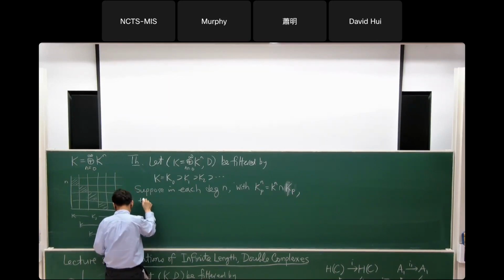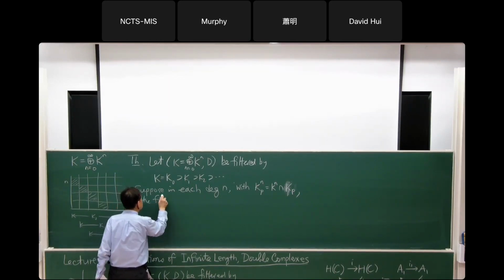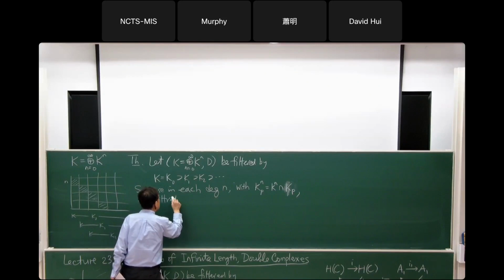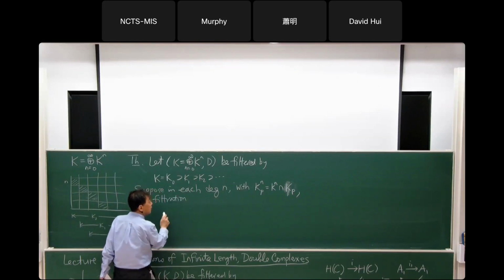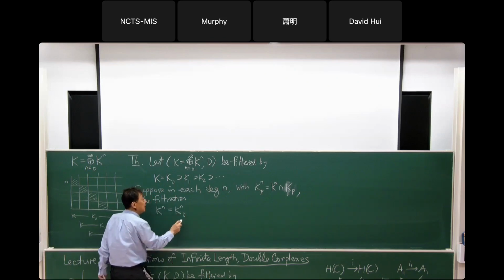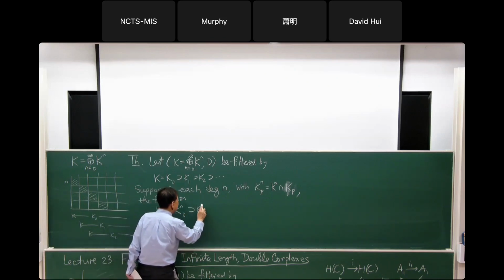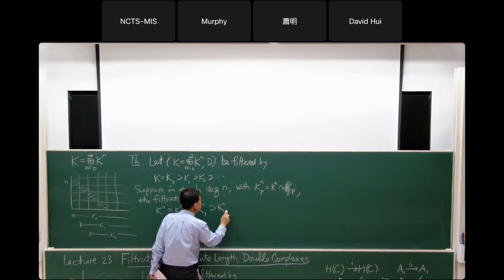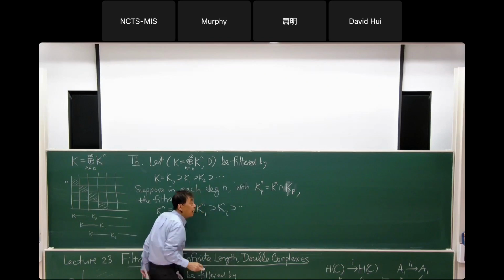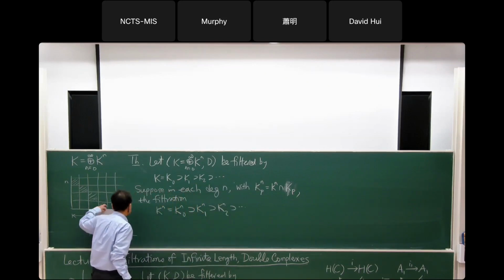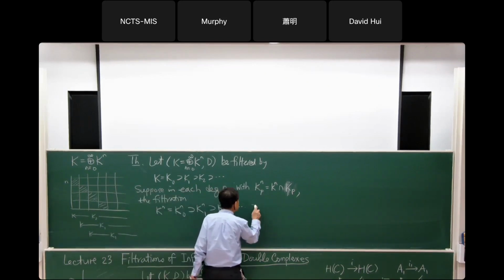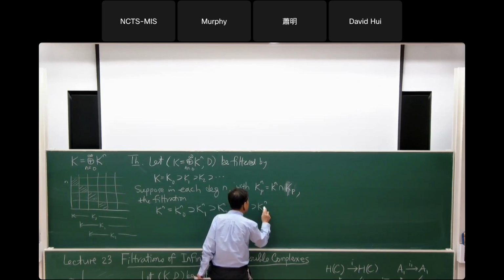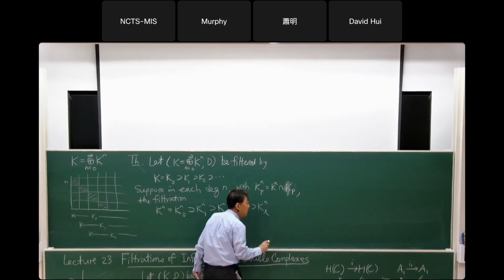The filtration, so K^N, which is K^N_0, contains K^N_1, contains K^N_2, but in degree N, it terminates. So K^N_L, okay?